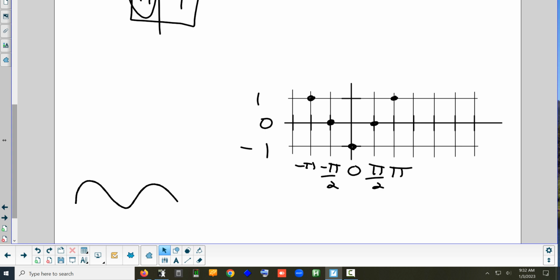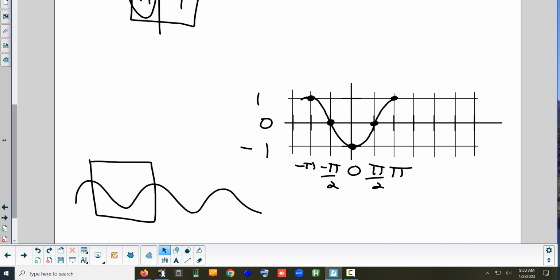But remember, it's a wave, and what you're sketching is that part of it. So try to make it look a little bit curved. And there's your sketch.